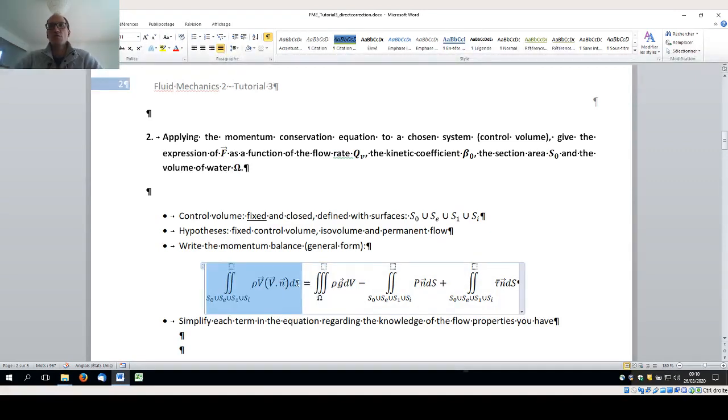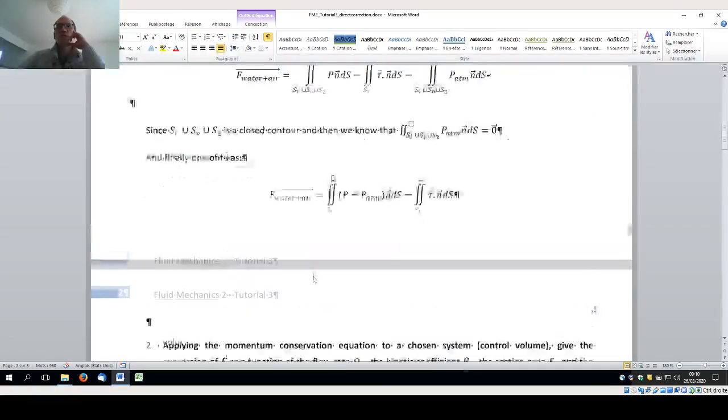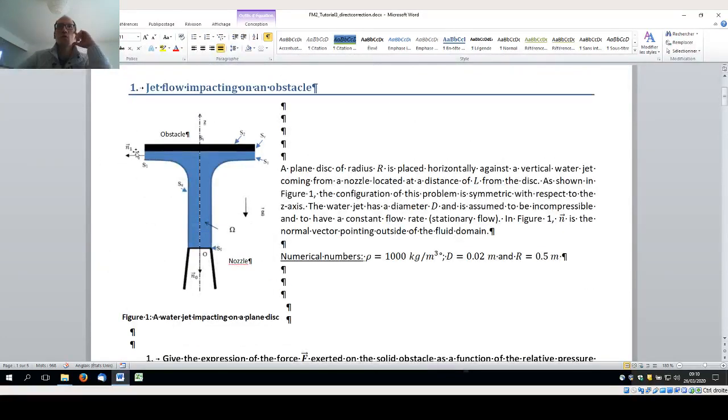If we take the first term, it gives information about velocities on the different surfaces S0, SE, S1, SI.